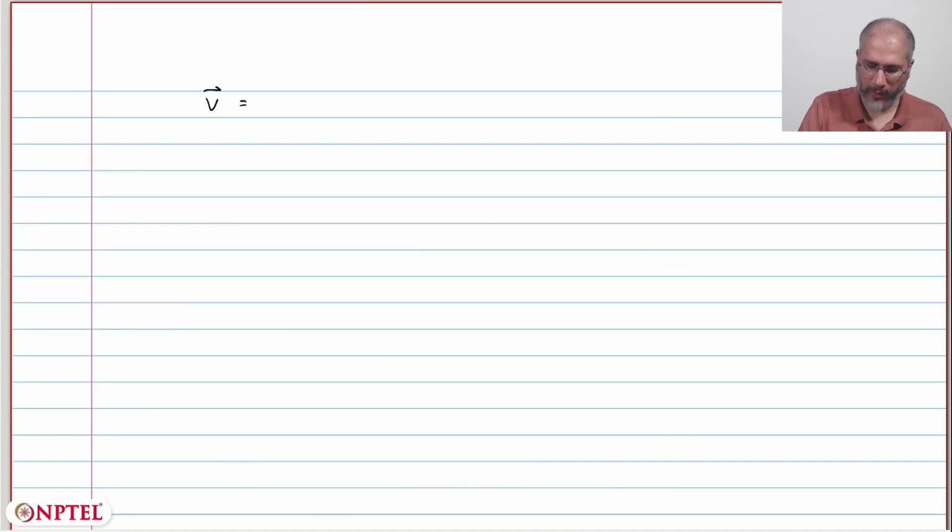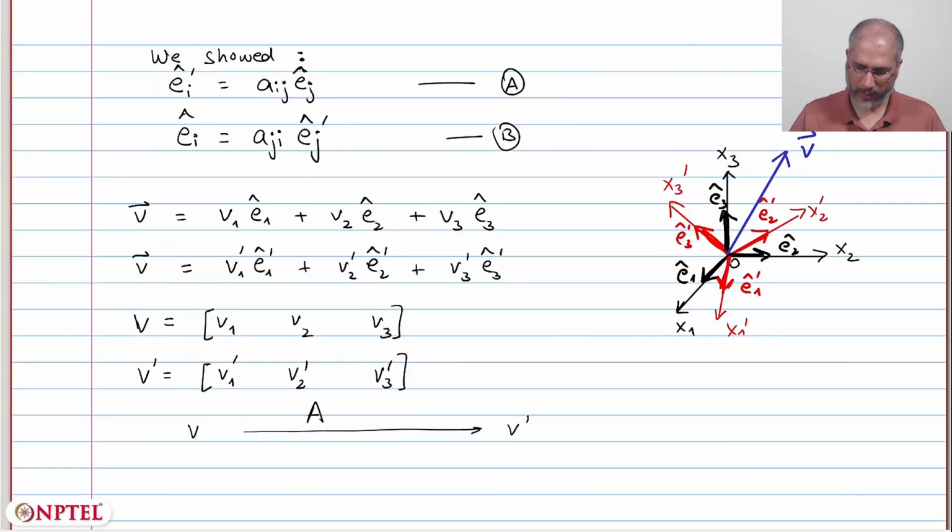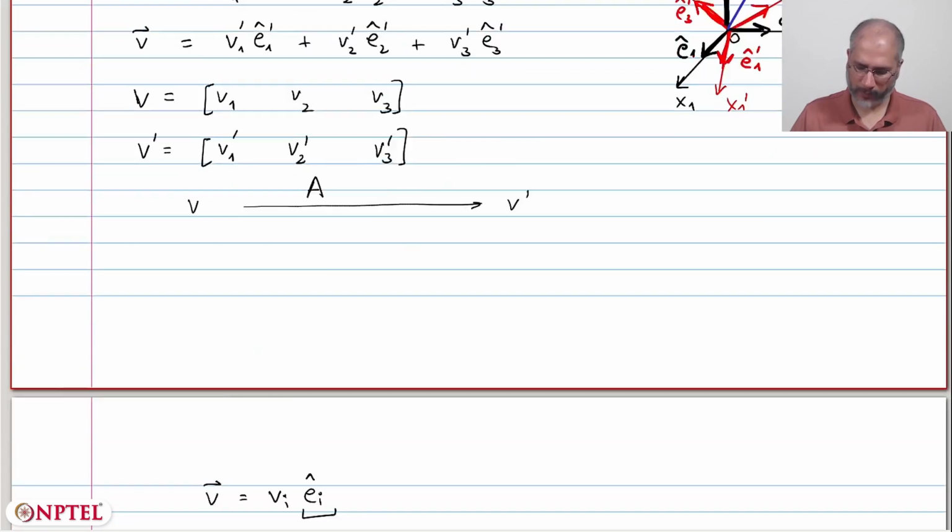So we write the vector v as vi ei, and now what we'll do is we will go from ei to ei prime using the rule that we had just written in the beginning of the lecture. So that's rule number B. So we'll substitute ei as aji ej prime.